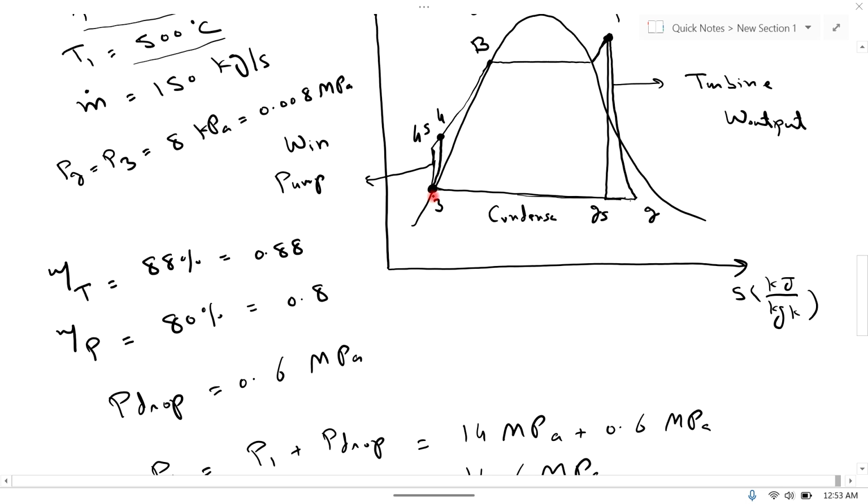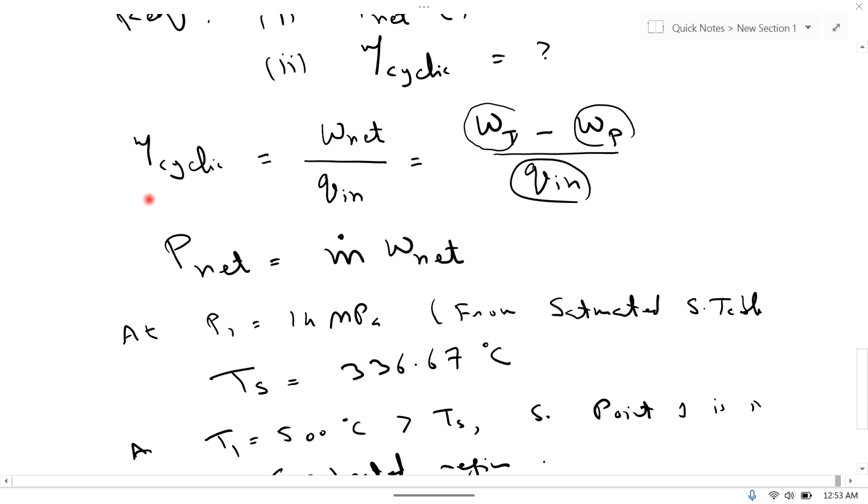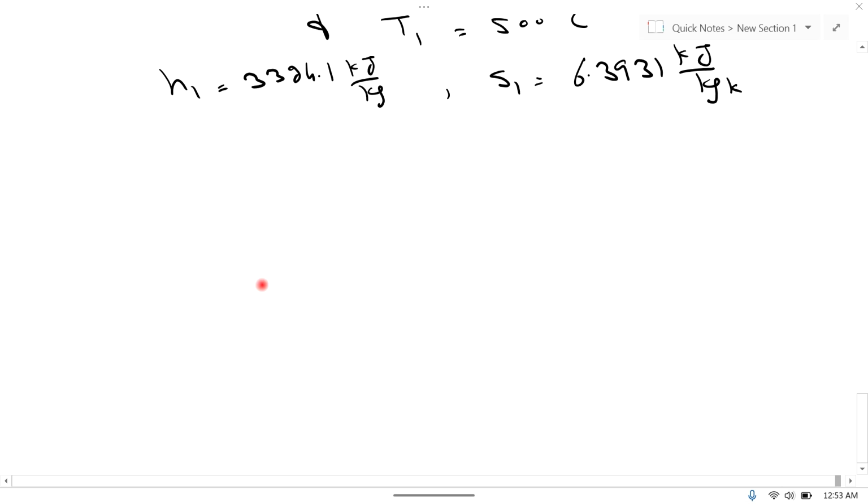So we can easily find enthalpy, entropy, and specific volume. For the condenser, pressure is basically P3, and P2 is equal to P3, which is 8 kilopascal, divided by 1000, so this is 0.008 megapascal.